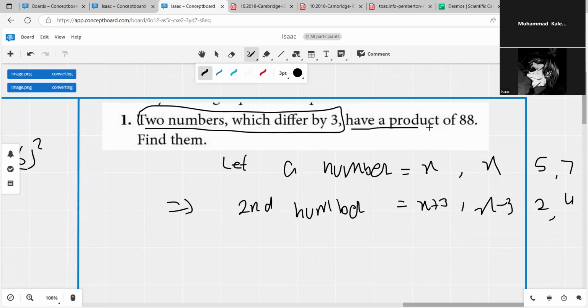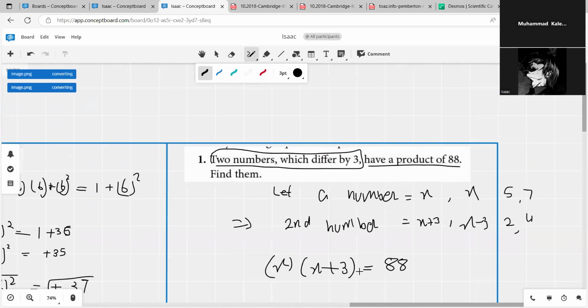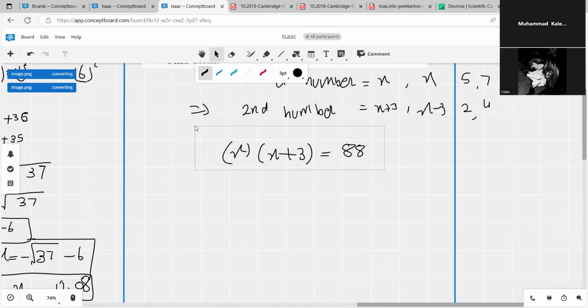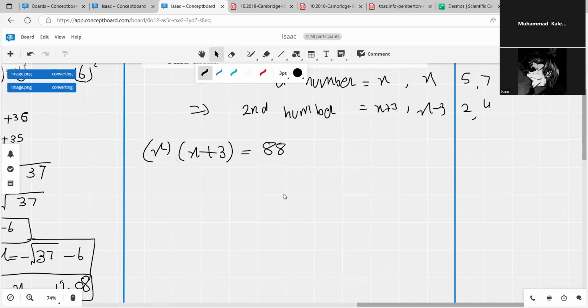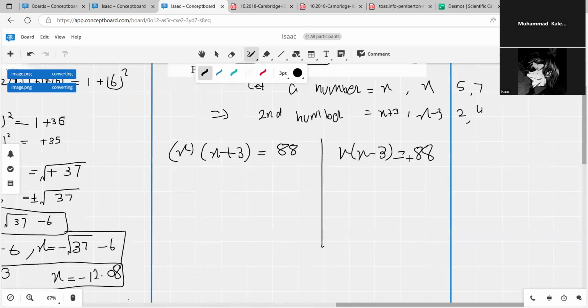The second condition said that the product of these two numbers, product means this is the first number, this is the second number. You can take negative here or positive, it doesn't matter. The product is 88. Now you will get a quadratic equation when you simplify this equation. We will solve with negative as well. We just have to implement only one method.